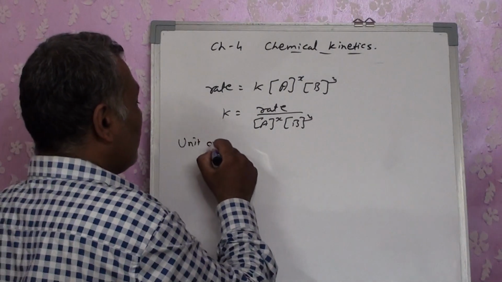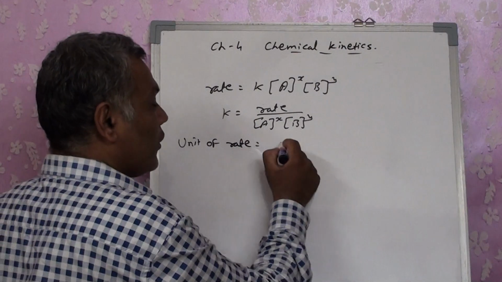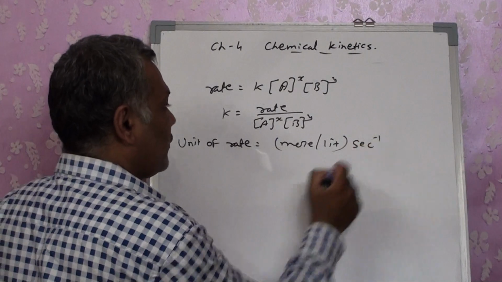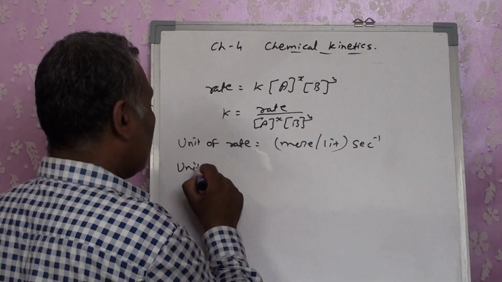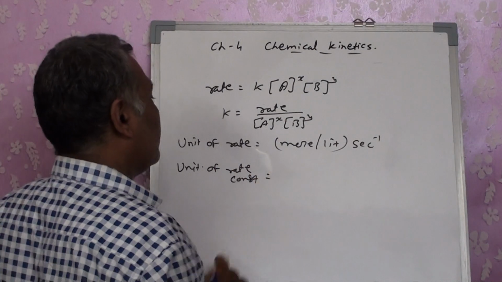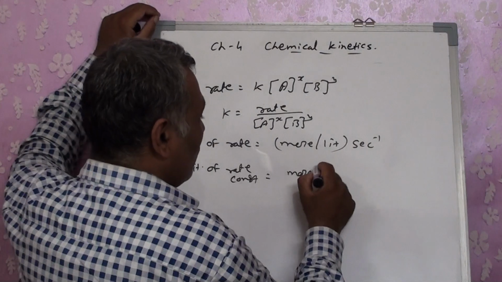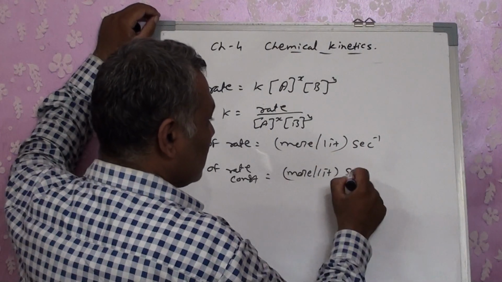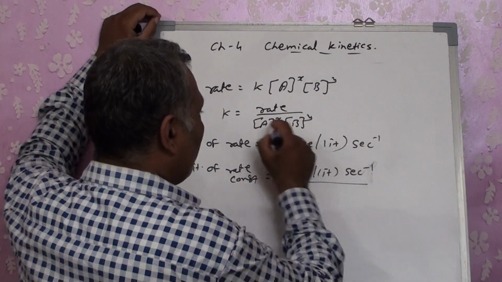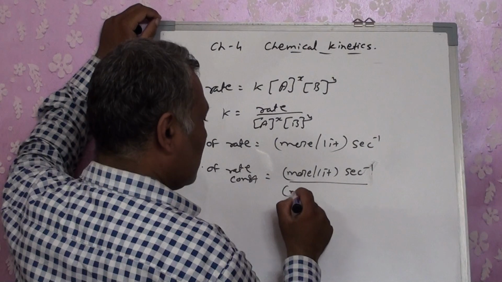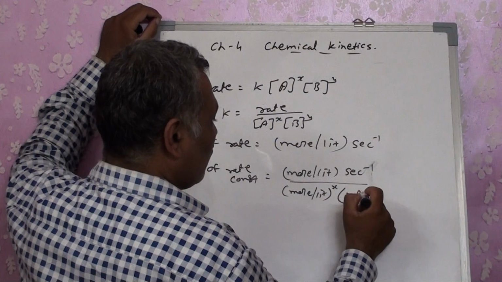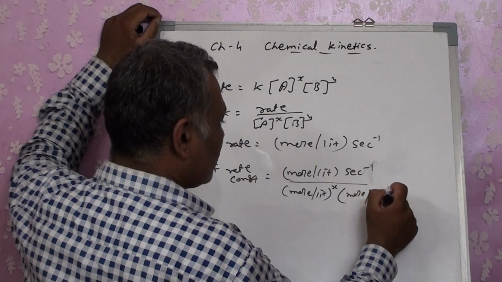The unit of rate that we wrote was mole per liter per second. Now I want to calculate the unit of the rate constant. So what will we get? Mole per liter per second for the rate, whereas the denominator is written as (mole per liter)^x (mole per liter)^y.